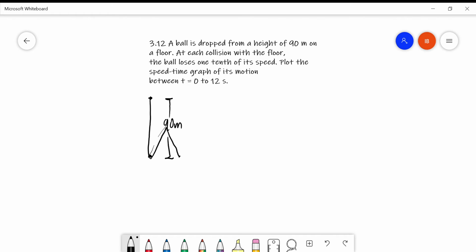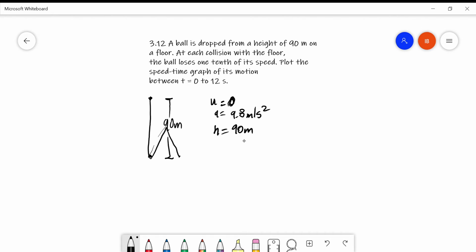From this we can say that initial velocity u is equal to 0 because it starts from one point, and the acceleration will be 9.8 meter per second square, the acceleration of gravity. Then h is 90, which is given.